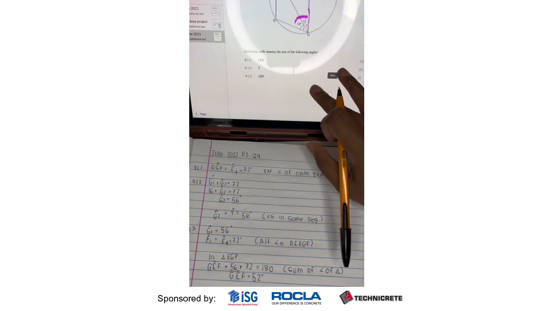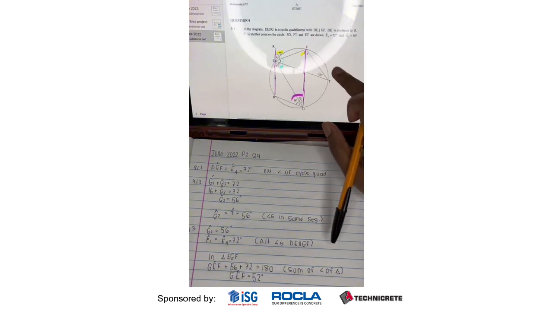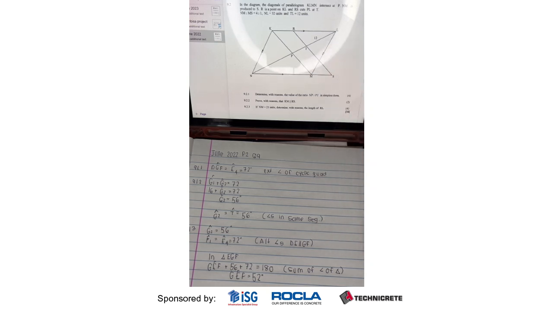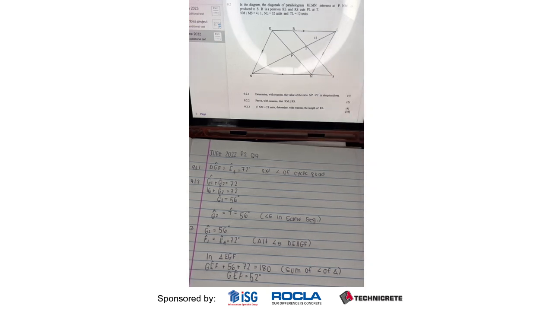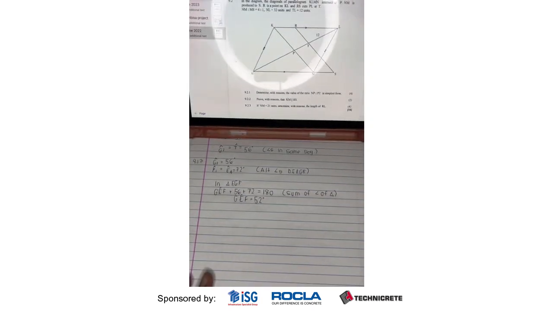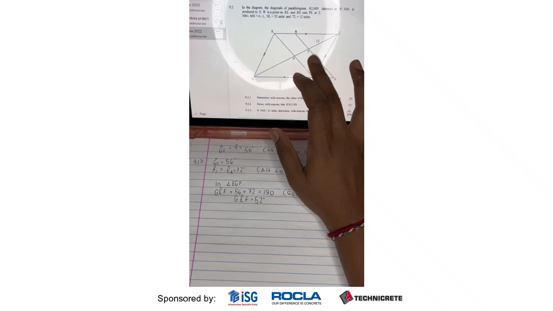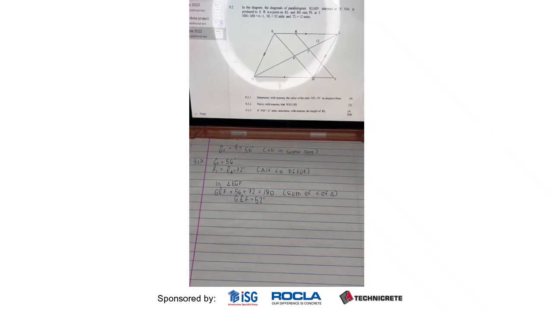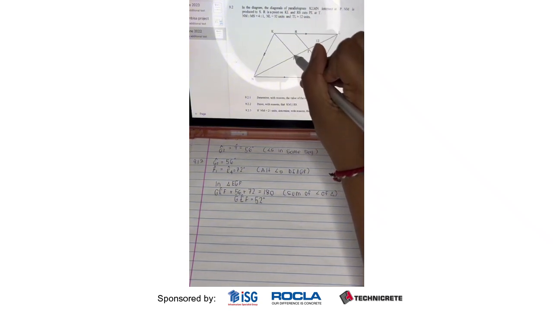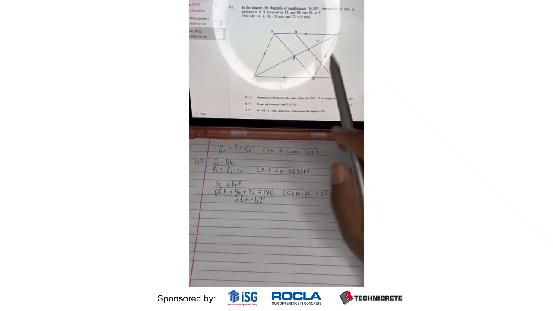Okay, so those were all the questions with the first diagram. Let's take a look at the second diagram. It says in the diagram, the diagonals of the parallelogram KLMN intersect at P. That means that P is the center of the shape.